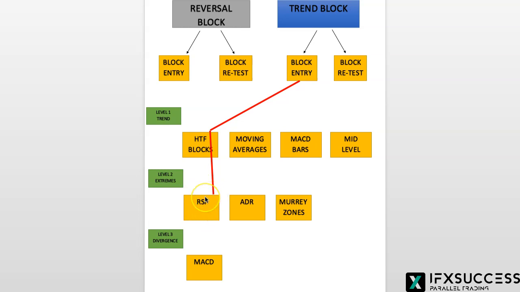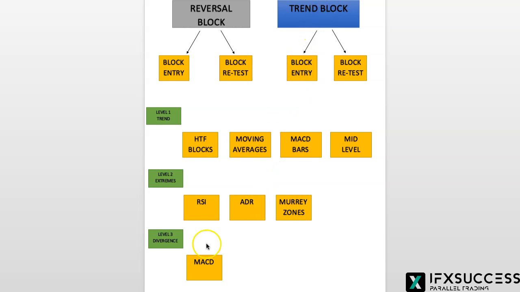If it extends, overbought or oversold, under the same time frame, then it would also be nice to enter. So we have different combinations here that we can definitely play around with, and we can also do just block entry and ADR alone. That would be for scalping, when the market overextends. So we can just say block entry and then ADR, and that's pretty much it. That again is very simple.